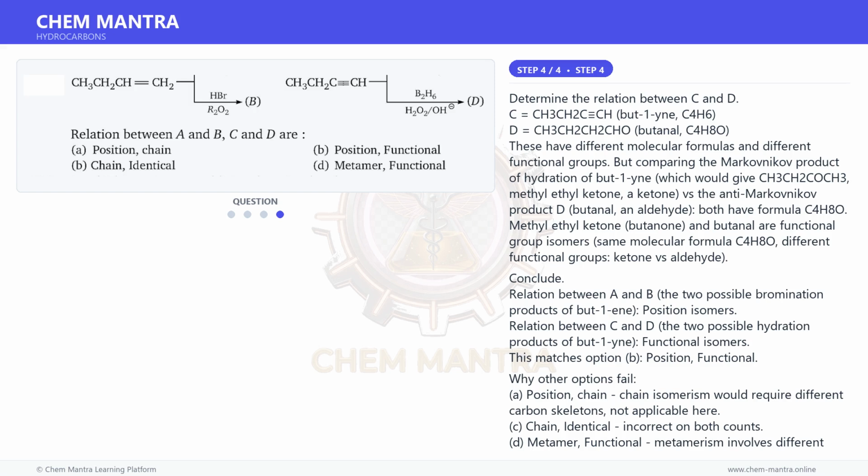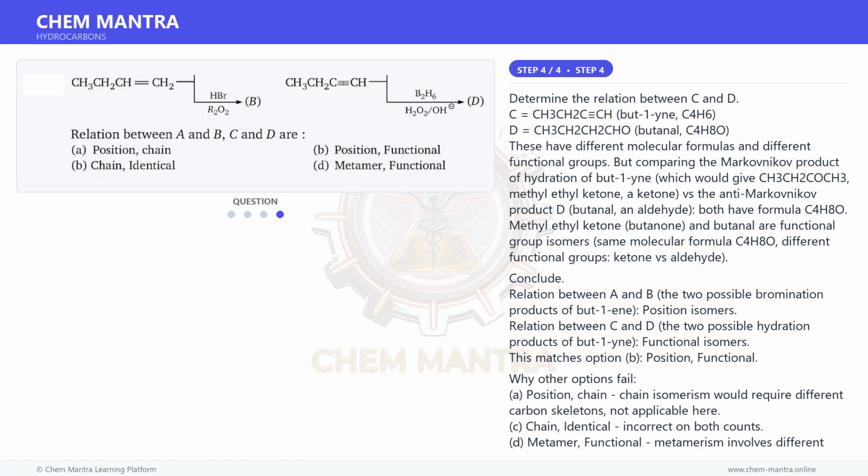C is CH3CH2C≡CH, but-1-yne, C4H6. D is CH3CH2CH2CHO, butanal, C4H8O. These have different molecular formulas and different functional groups.